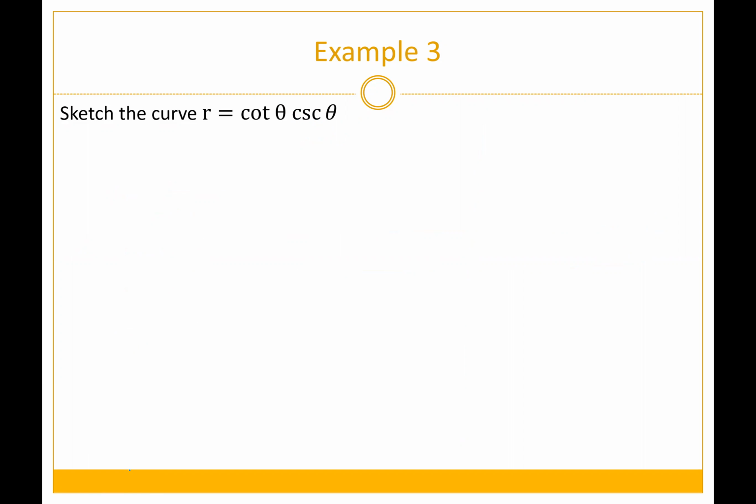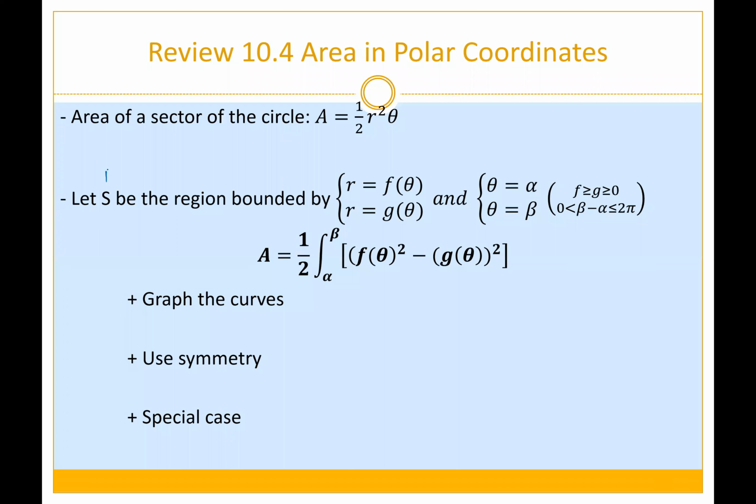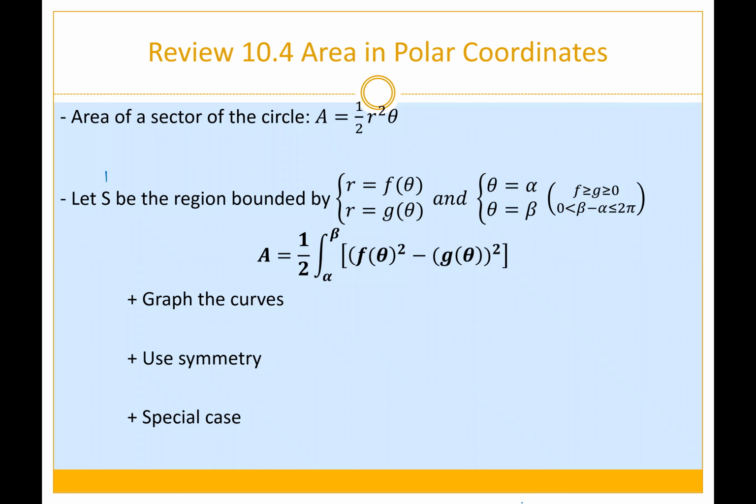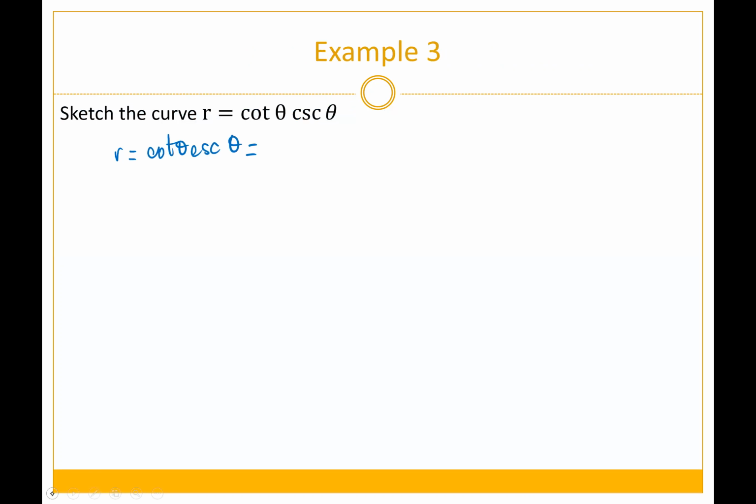Again, I have no idea how cotangent multiplied by cosecant looks. What I will do is try to put it in the form of a Cartesian equation again. To know what exactly I need to multiply, I'm going to expand cotangent and cosecant. Cotangent is cosine theta over sine theta, so it's going to be cosine theta divided by sine squared.